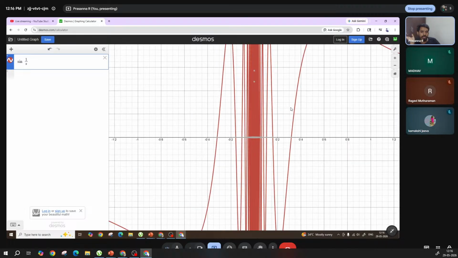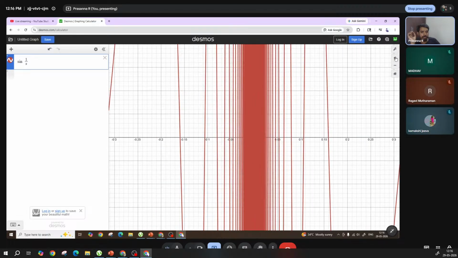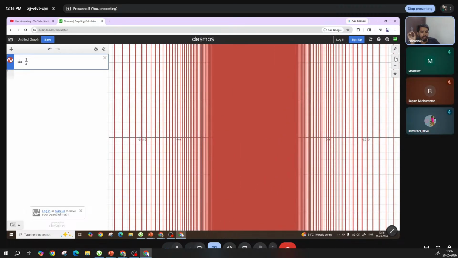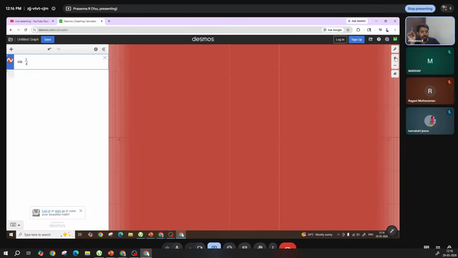Even if you zoom in, you can see a thick band. That means how fast it is fluttering between minus 1 and plus 1 when x is tending to 0. Even if you zoom, it flutters unimaginably fast.